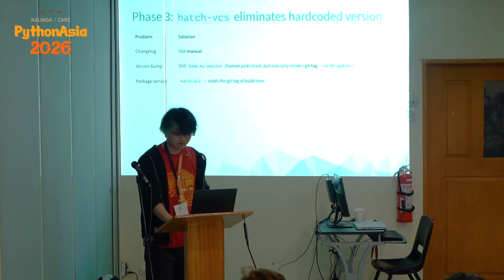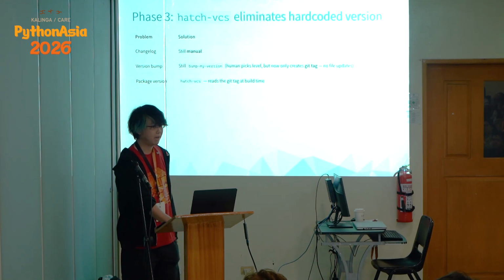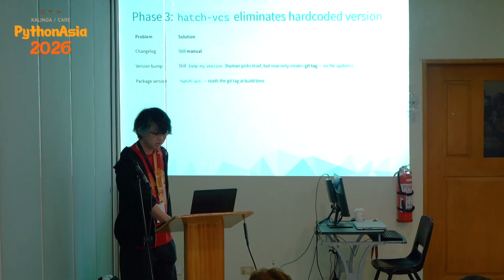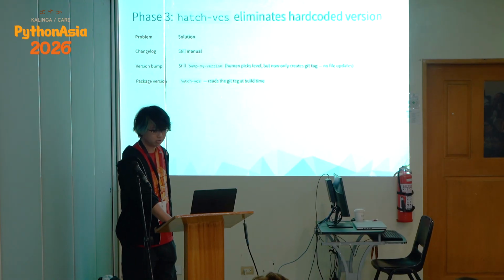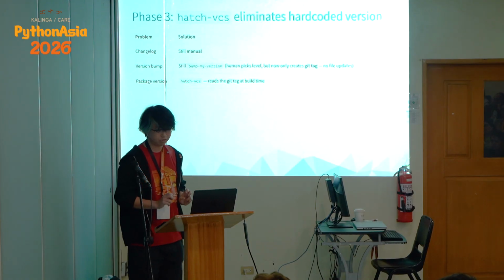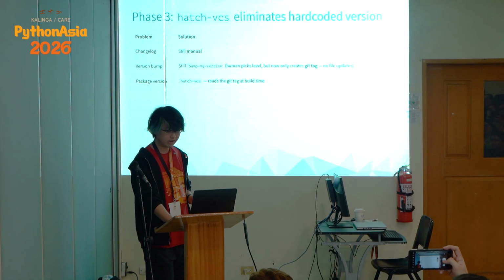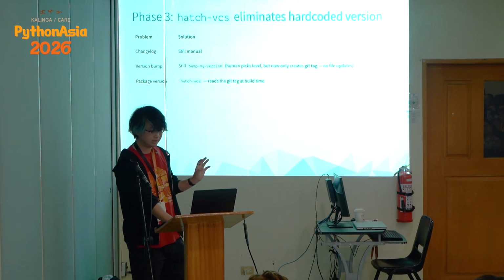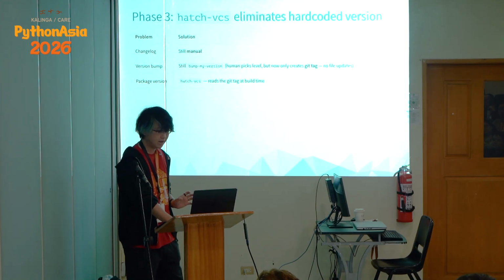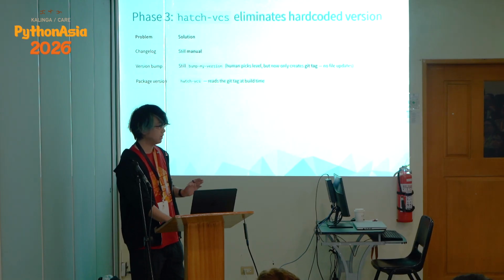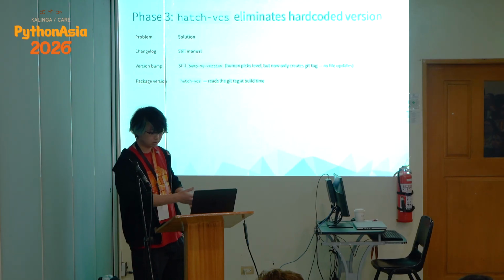In phase 3, I introduced the hatch-vcs package. Now the version string is not hard-coded anywhere, because hatch-vcs reads the latest git tag at build time and sets the version string in the package wheel automatically.